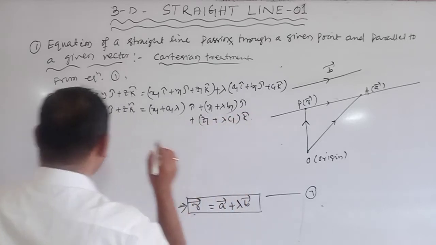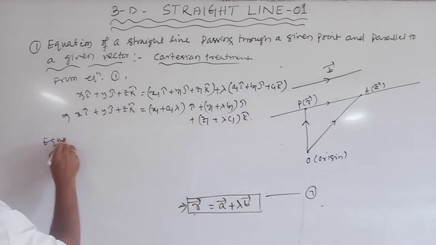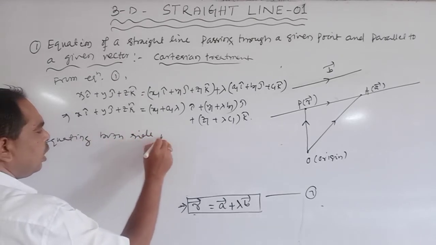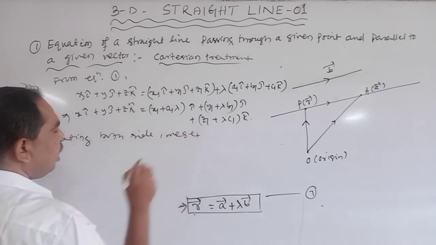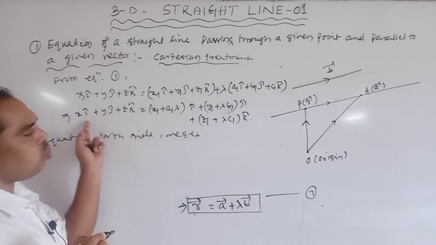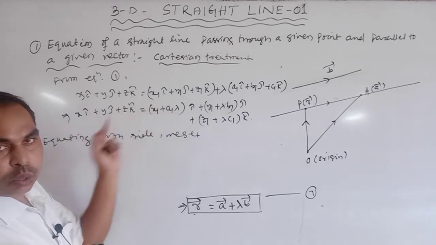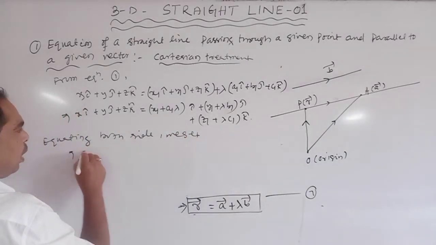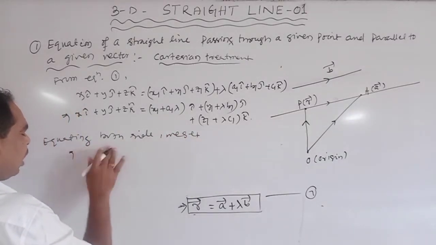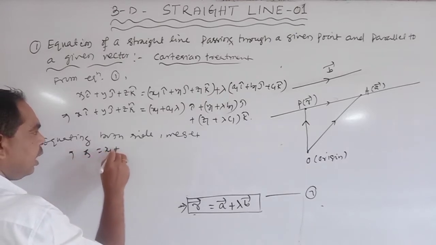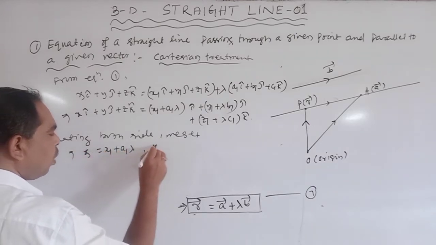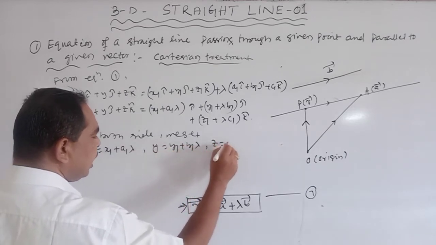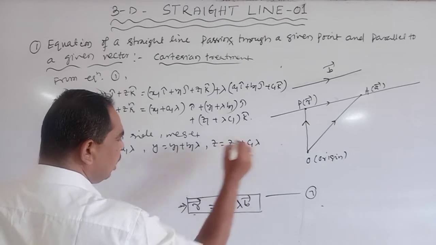Equating both sides means coefficients of I are equal, coefficients of j are equal, coefficients of k are equal. So this implies x is equal to x1 plus a1 lambda, y is equal to y1 plus b1 lambda, z is equal to z1 plus c1 lambda.